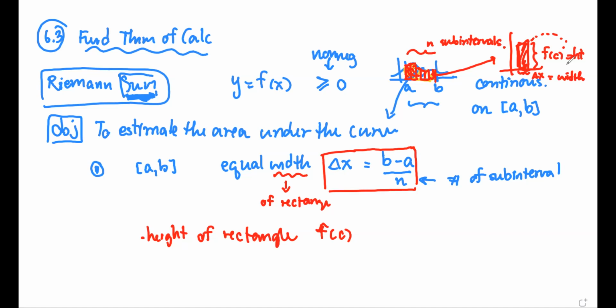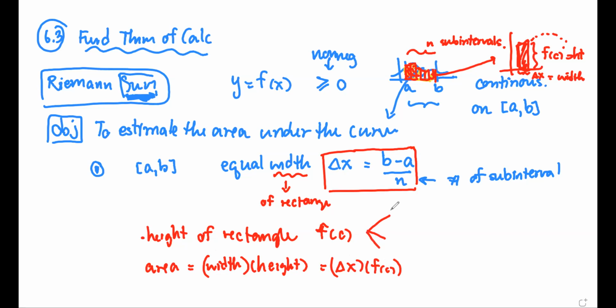And when you find the area, it is the width times the height, which is the delta x multiplied by the function at the point C. And the key is the point C. It could be identified as the midpoint, or the left endpoint, or the right endpoint.